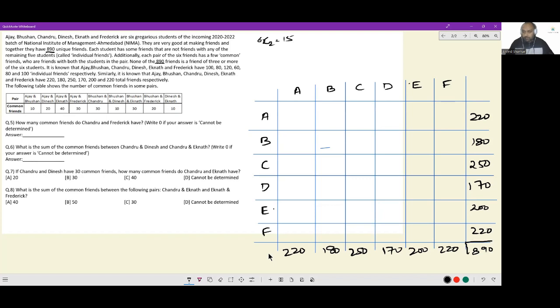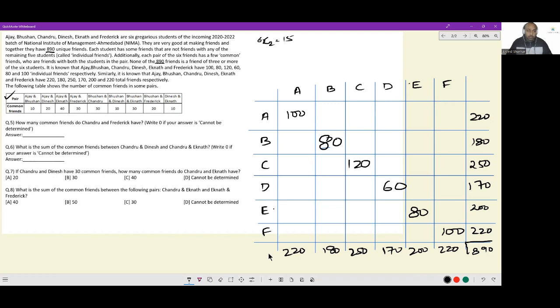This is the final total that we reach. Now, the individual friends that were told need to come on the diagonal, friends of A and A alone. So 100 and 80 and 120 and 60 and 80 and 100.